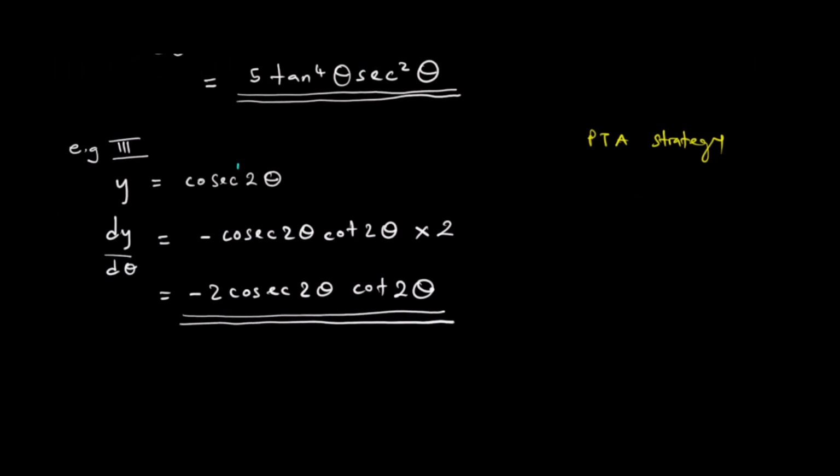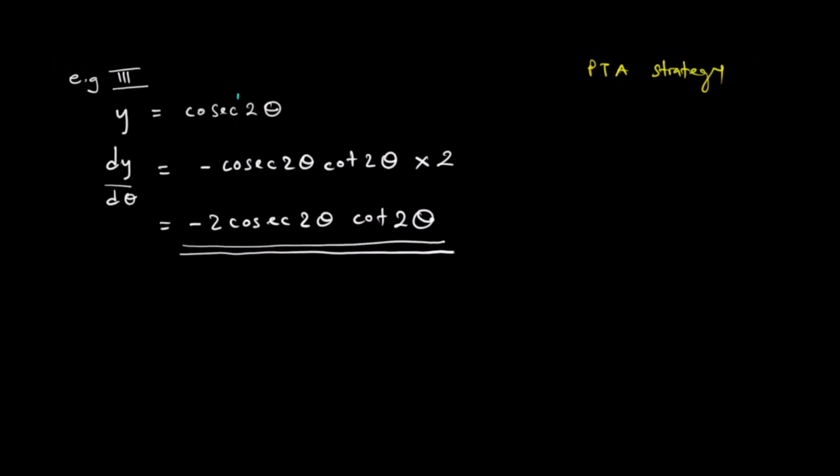So let me show you what I meant pananga ndichiti kana power yedu iri 1 kana kuti kana tisina a visible power, we don't differentiate with respect to power. So y being equal to cosec 2 theta, dy d theta is equal to what? With respect to the power yedu apa ndiani?